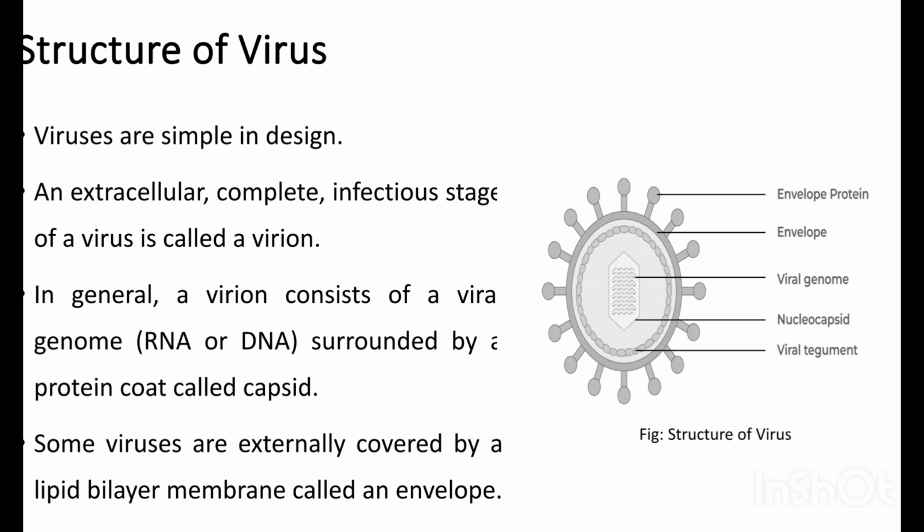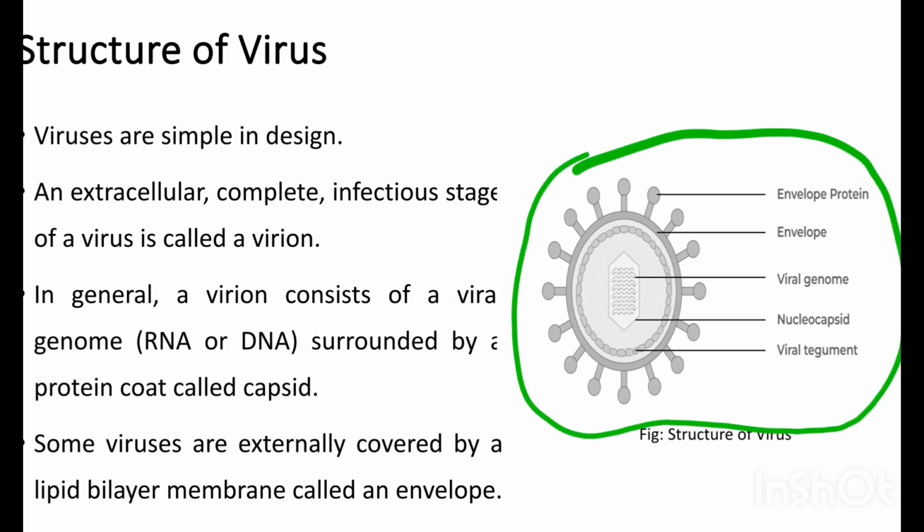Then the structure of virus. So it is the detailed structure of virus. It has a very simple design, and suppose one virus, it is a particular virus and it can cause a disease or infection, and this one particle is called a virion. In general, a virion or a single virus consists of a genome.